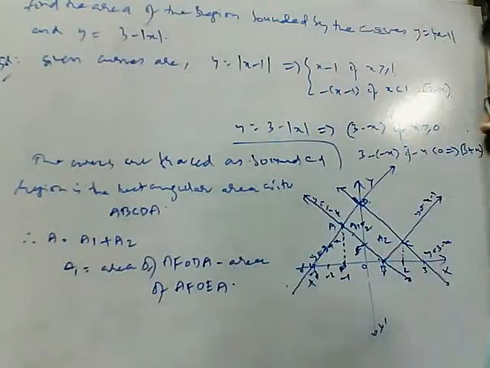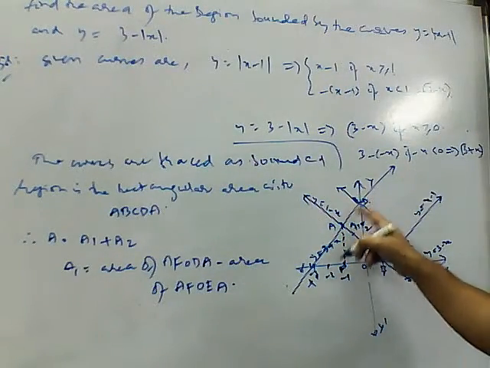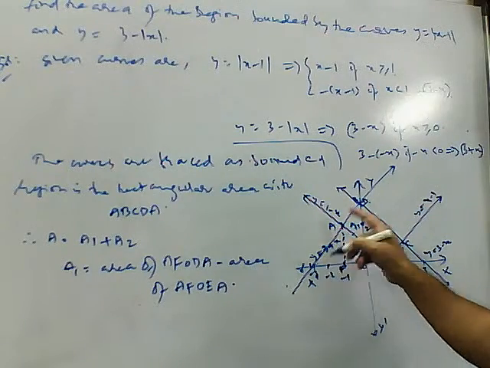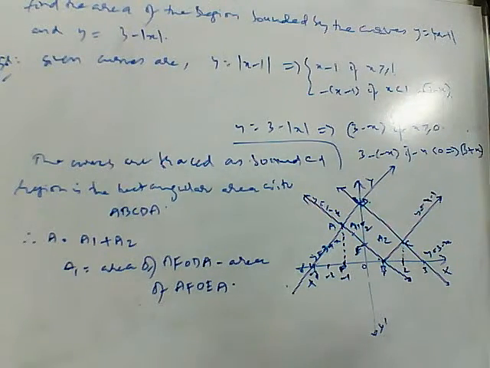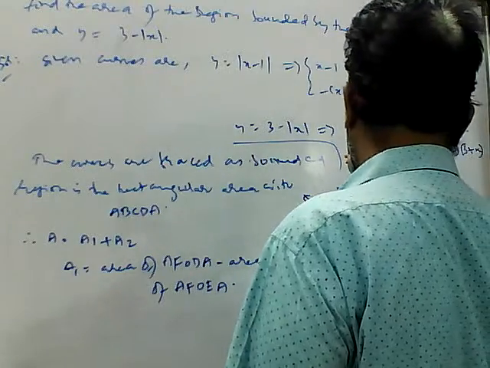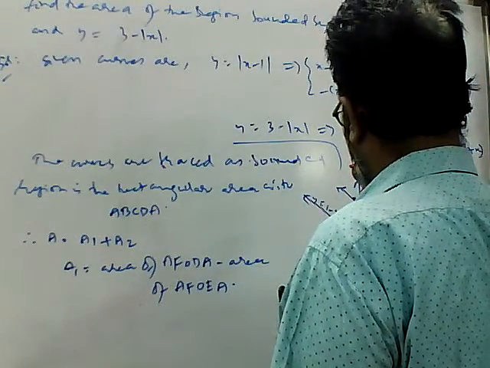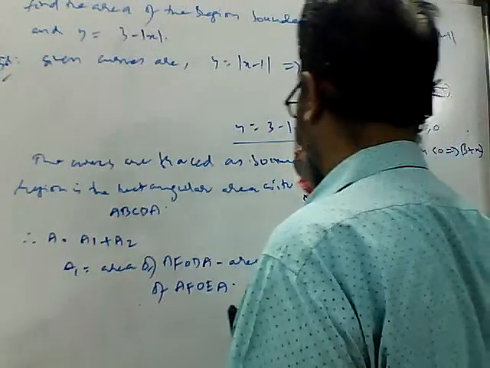See here, AFODA minus AFOEA. This is the area. Okay, right? Now this area means this is the line and this is the line.